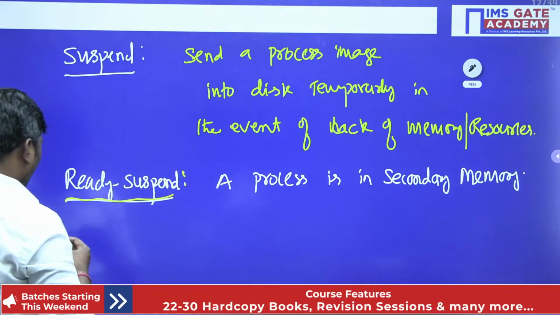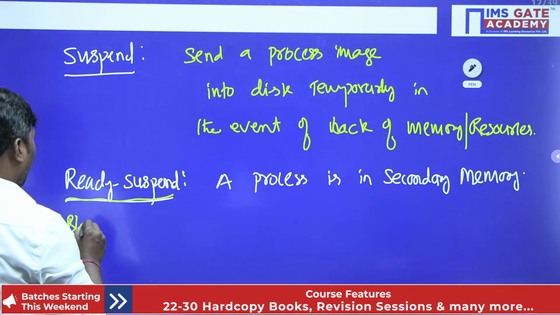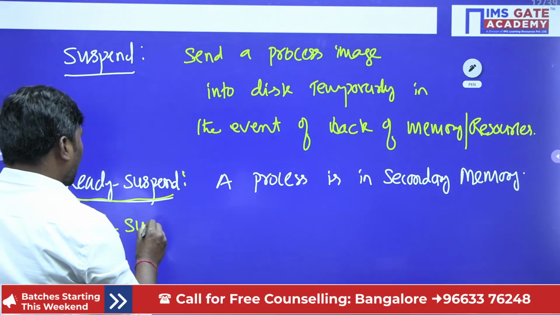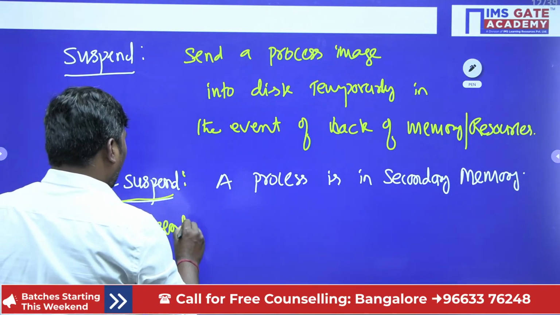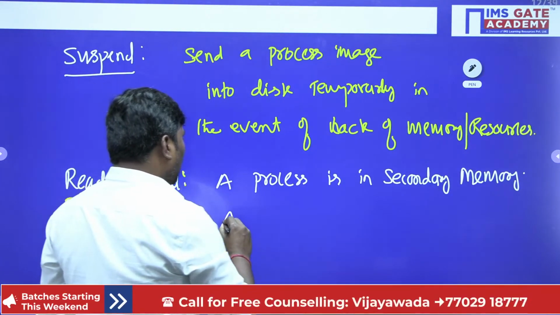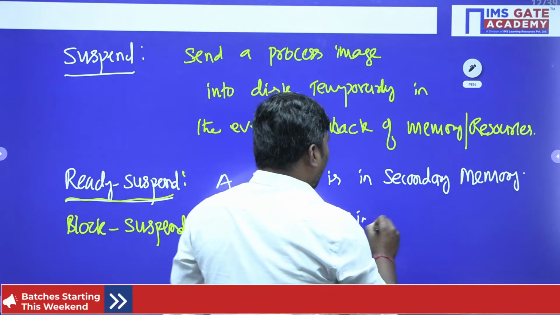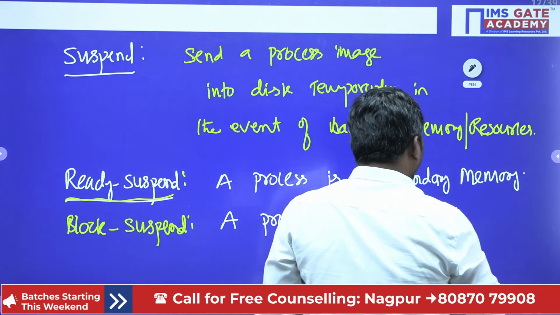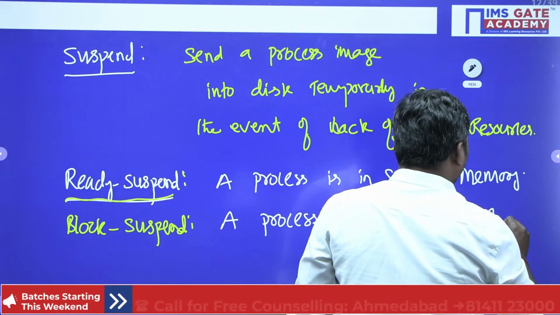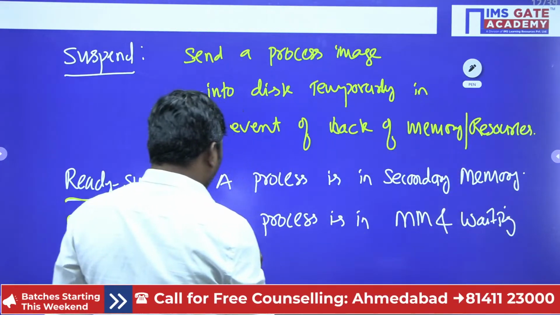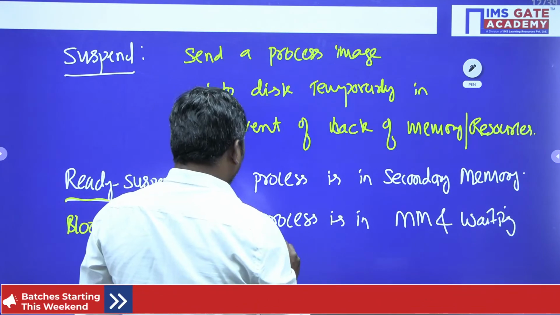Then why we send a process here, I will tell you, we will discuss. Another state. What is the other state? Block suspend. A process in main memory, please observe, waiting for an event to occur.